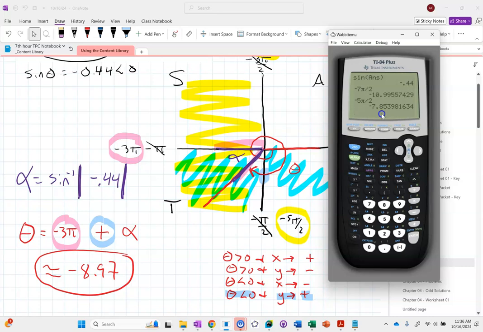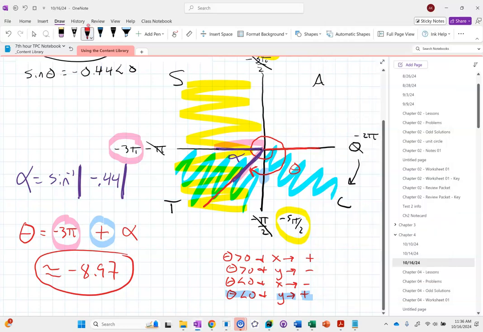So we're good, right? My negative 8.97 is in between these two numbers, and when I do sine of that, I get negative 0.44. So that's all I'm doing on my check: making sure that it satisfies the equation at the start and it's in between the two values in our range.